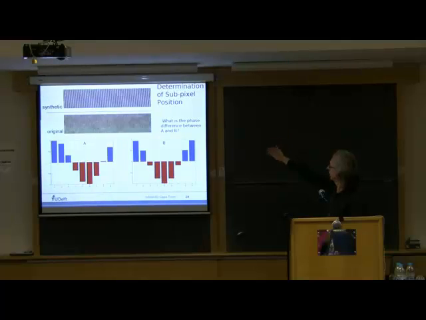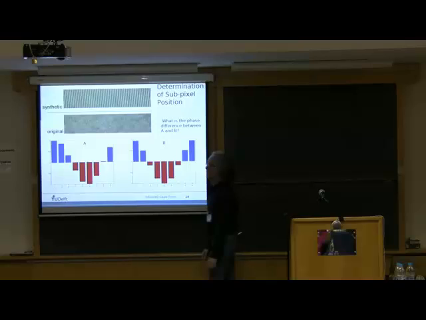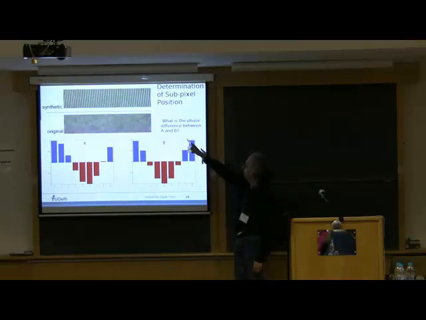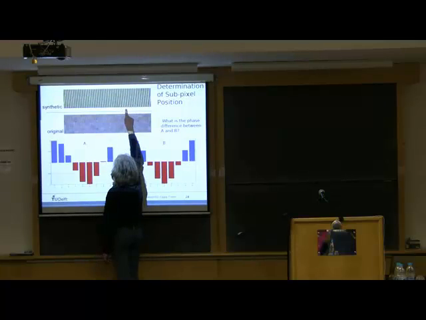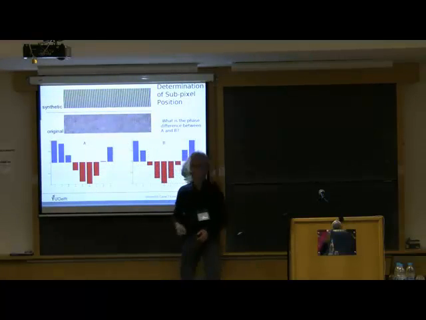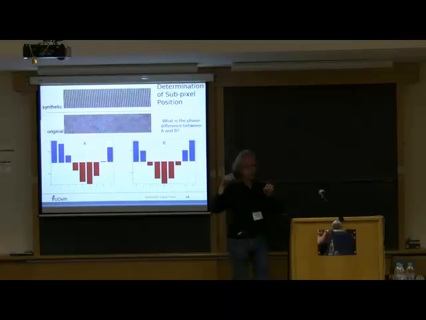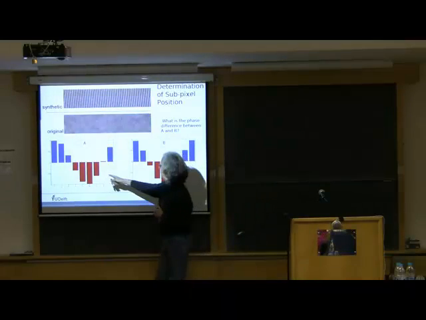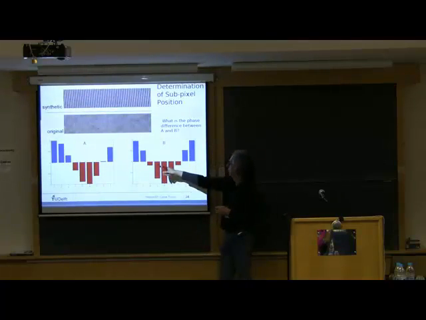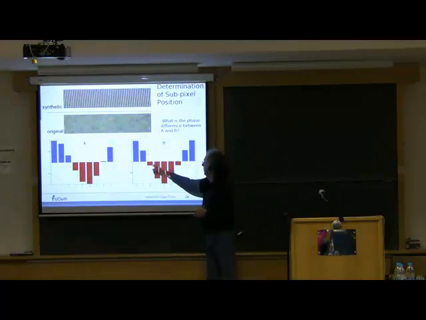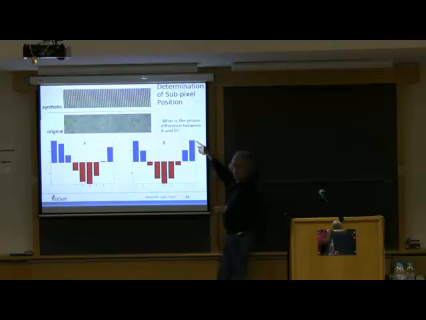You see it again, the synthetic one, the original one. And now my question is, where am I at a certain pixel in my camera inside such a pattern? So what I see there is 9 values. And I want to compare them with 9 values that I would have in a cosine function.